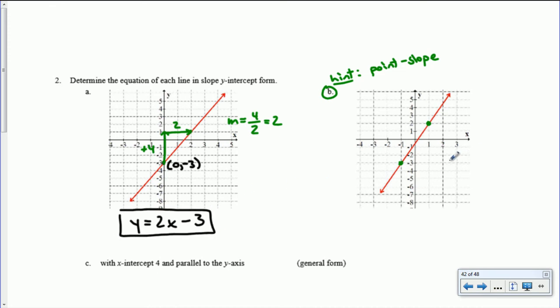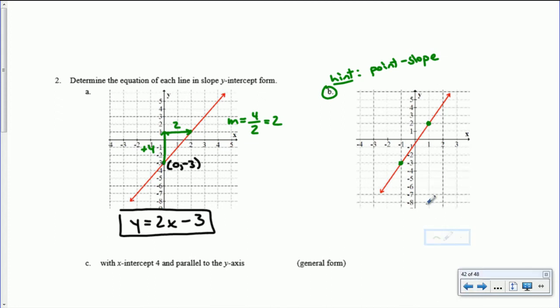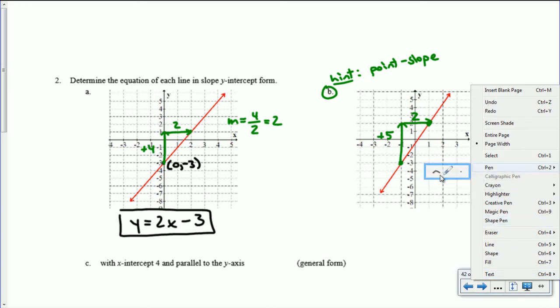Okay, for the next one, we can figure out the slope. So to get from there to there, we need to go up 5, and we need to go to the right 2. So slope is rise over run, 5 over 2. That's as simple as it gets.